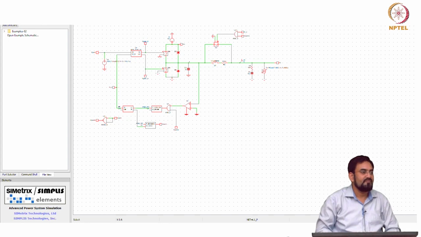Output voltage. Output voltage? How come output voltage? These diodes, the body diodes. If this goes below minus 0.7, this diode will conduct, and if this goes above VDD plus 0.7, this diode will conduct.